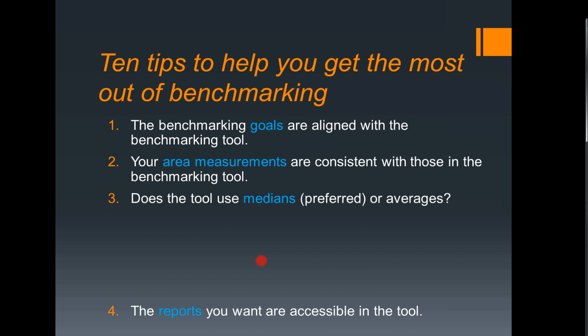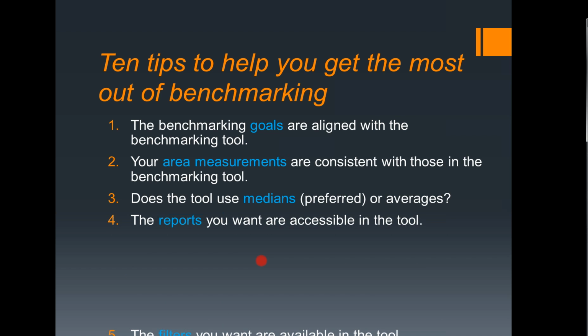Third, does your tool use medians or averages? We like medians because it throws out the outliers at the beginning and end of your spectrum, like all the charts that we saw there. Averages take them into account, so we always prefer to use medians.